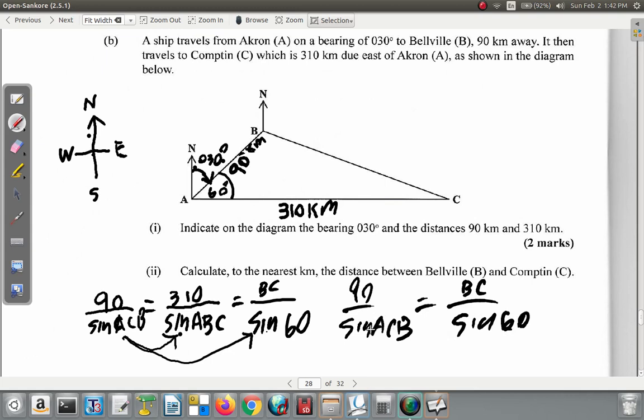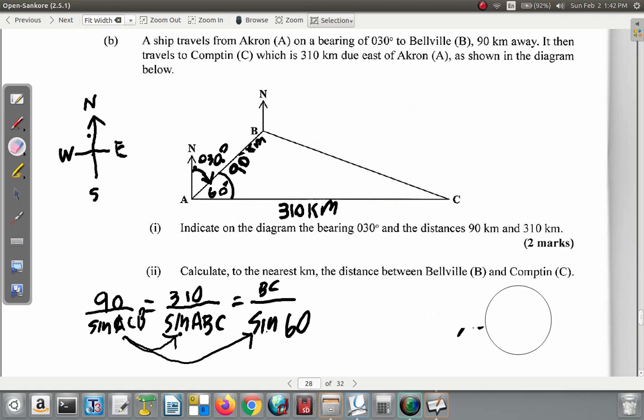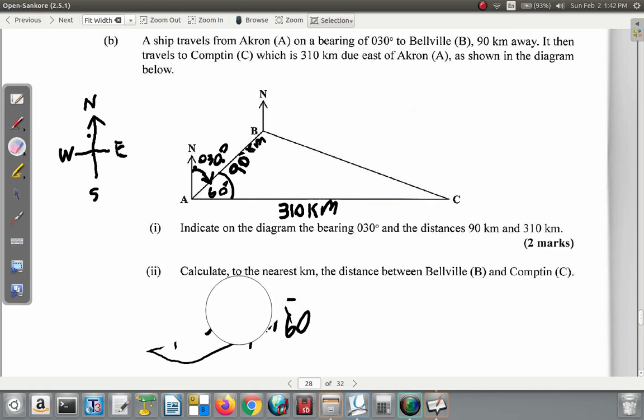But the thing is, you don't know the angle ACB, so the sine rule still cannot work in that case. Now suppose you try this and this, equate this to this. What would happen? You'd have 310 over sine ABC, which you don't know, is equal to BC, which you don't know, over sine 60. So you really cannot use the sine rule in this case. You'd have to try the cosine rule.